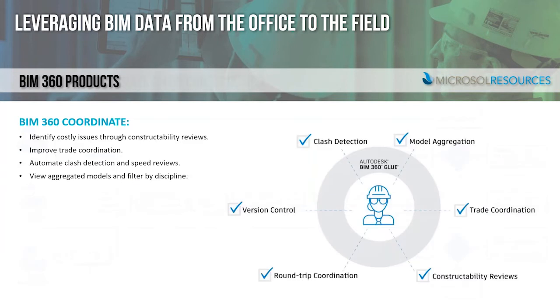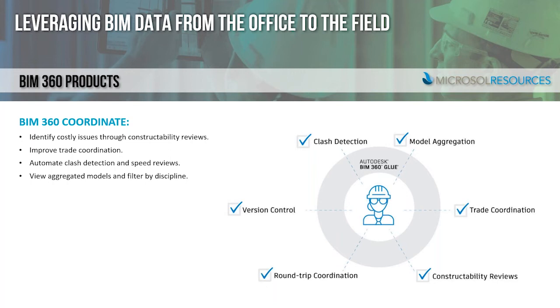As far as automating clash detection and speeding up reviews, when models are published or updated, clash detection runs automatically. This provides teams with quick visibility into the impact of changes. Users can view clashes across all published models in a coordination space if they choose. They can also use heat maps to identify areas with the most clashes to prioritize efforts.